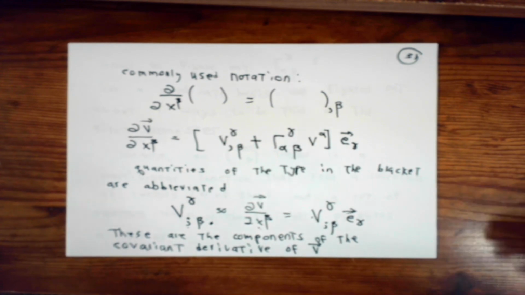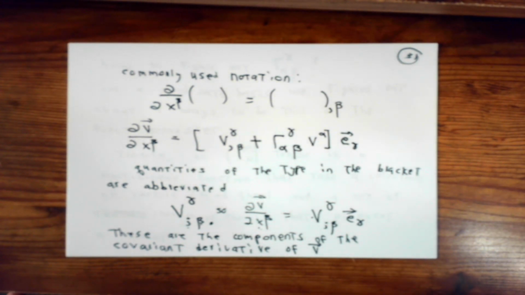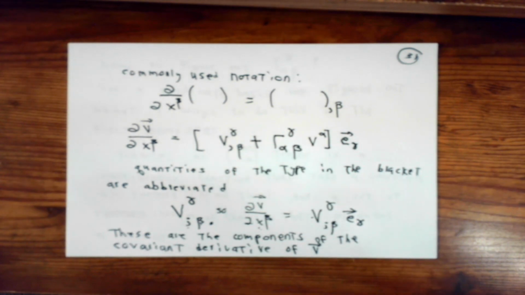This is the derivative that takes into account not only that the components change, but that the basis vectors can change also. These capital gamma numbers, the gamma gamma alpha beta numbers, are called Christoffel symbols, and they're very important to us in a wide variety of contexts.